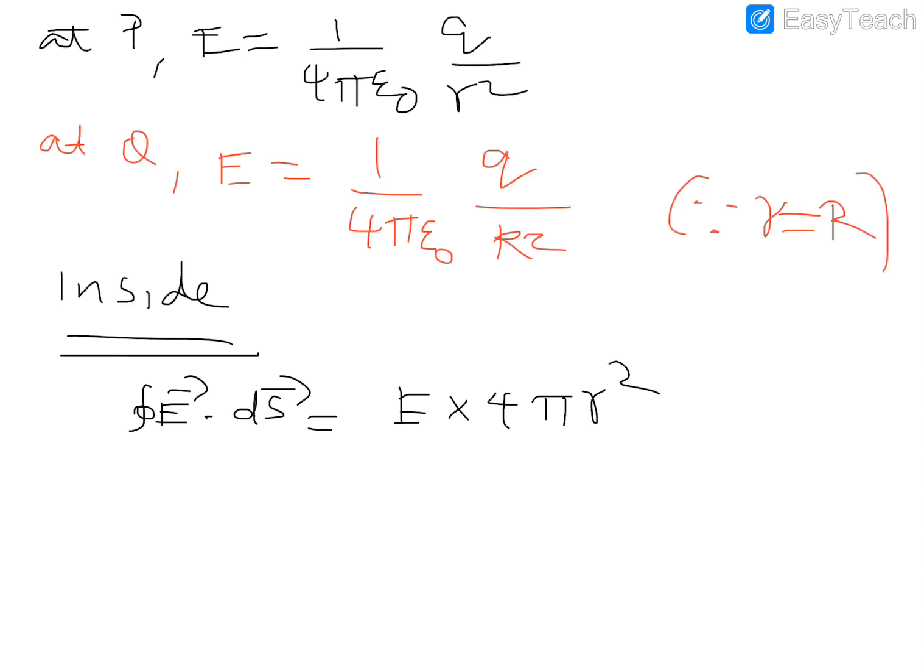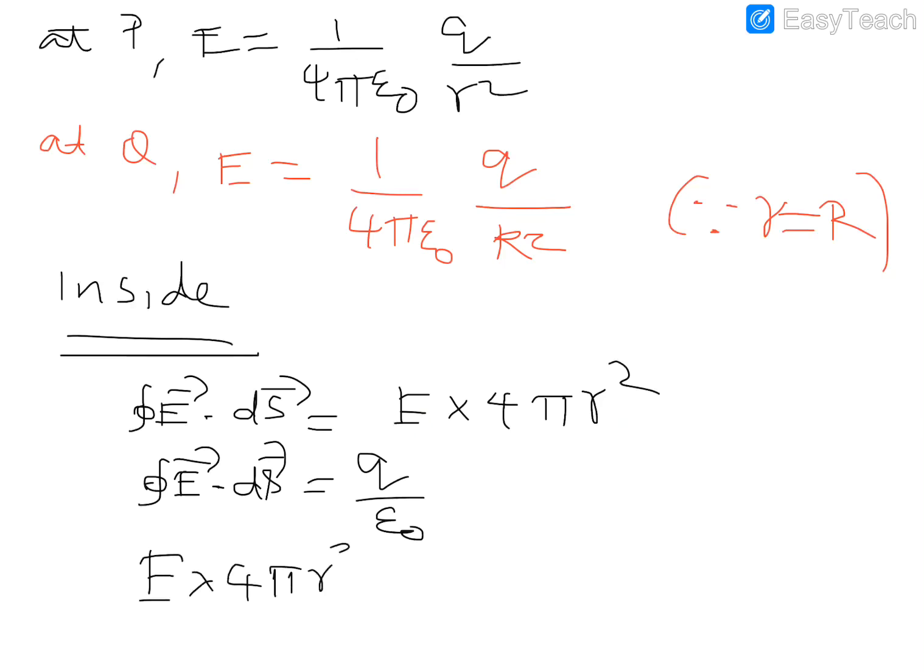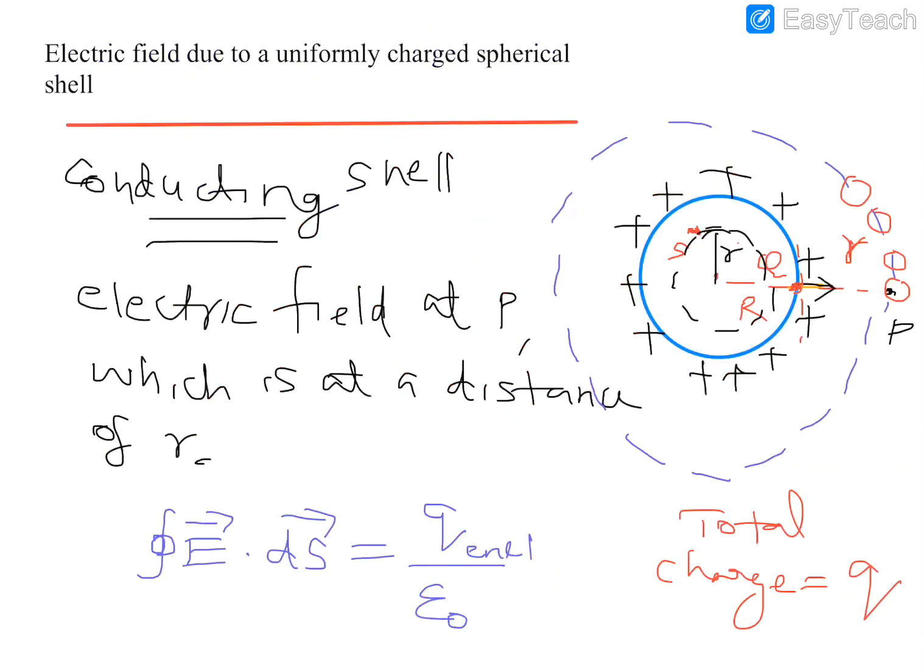Now let us write Gauss's theorem. E dot ds is equal to q by epsilon 0. This is Gauss's theorem, but you got E dot ds as E into 4 pi r square, which is equal to, what is q by epsilon 0 here?